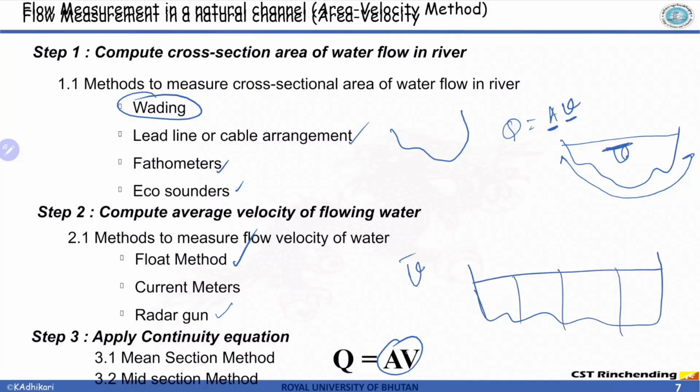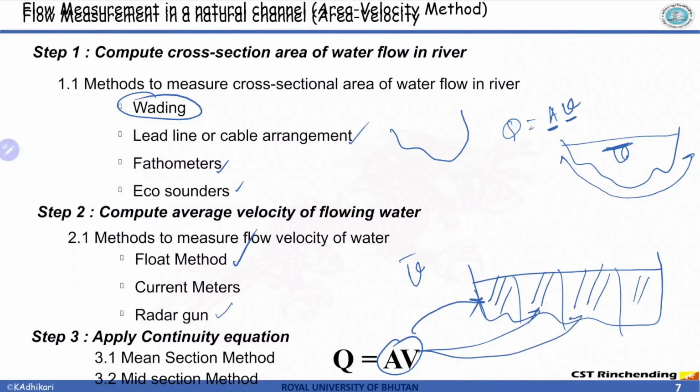So we cannot directly apply it. Ultimately Q equals AV, but we need to do it separately at different strips. How we are going to divide our stream into various sections is given by two methods. We can divide it by the mean section method or by the mid section method.